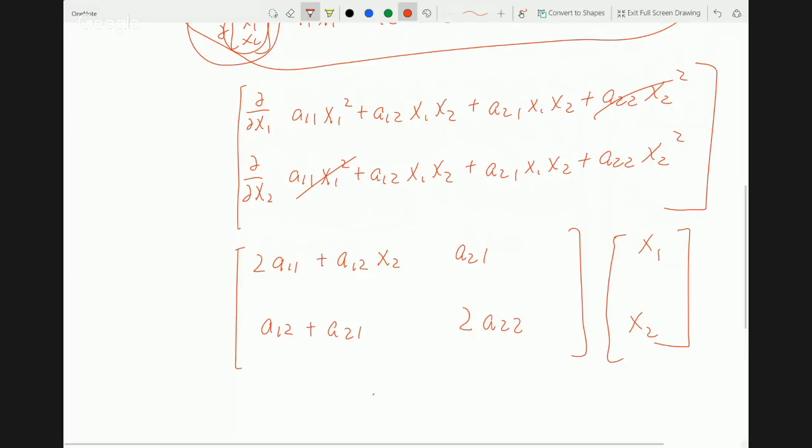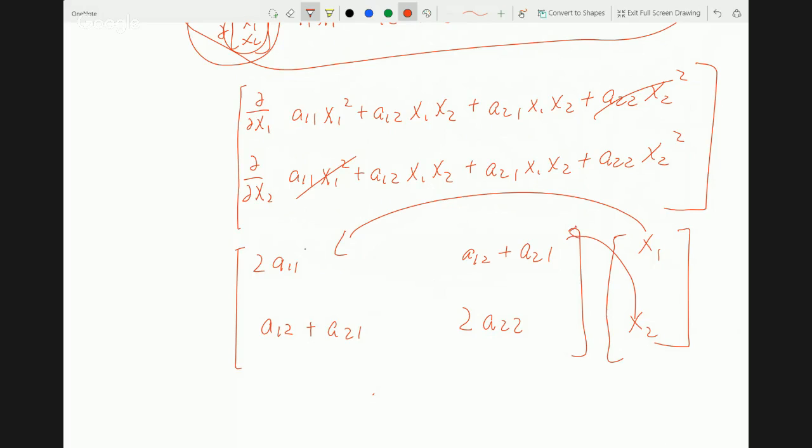That was the same thing that we just got. This is basically, if we were to actually multiply this out, you will see that it's the same thing.